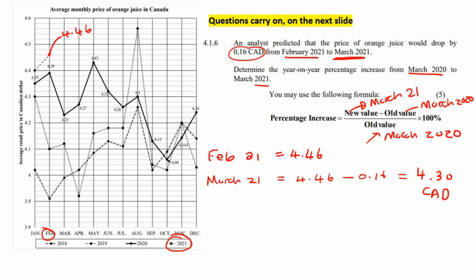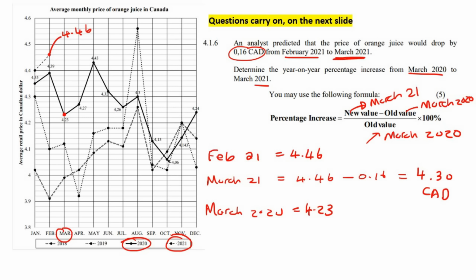Now, what is March 2020? Because we need that for our formula. March 2020, so 2020 is the solid black line, and in March, it's here. Okay, so it's 4.23. Now we just use the formula.